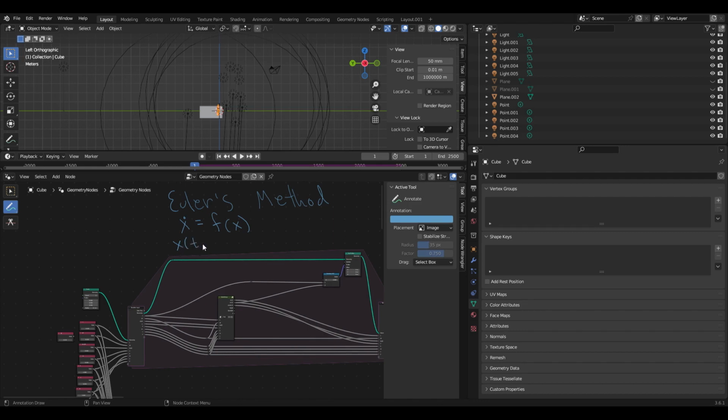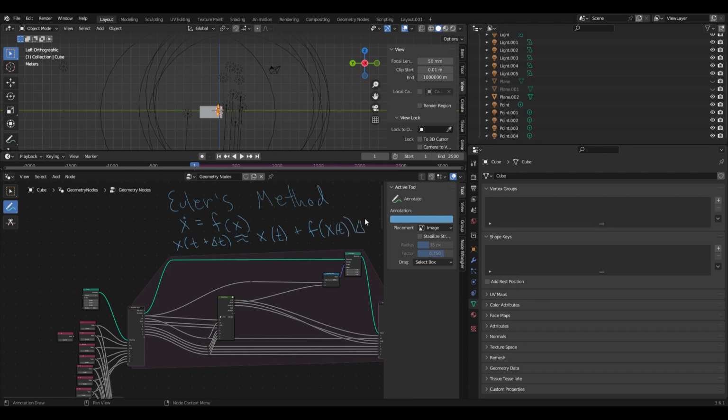So it marches through a system where you start at x of t, which is a state space representation of the system, and the next increment, x of t plus delta t, is equal to x of t plus f of x at t times delta t. So you can march through the solution like that.